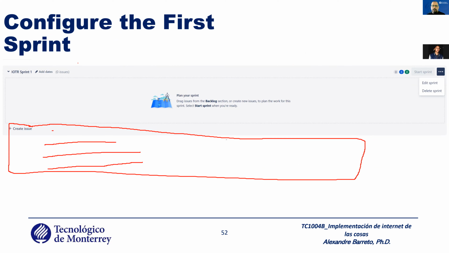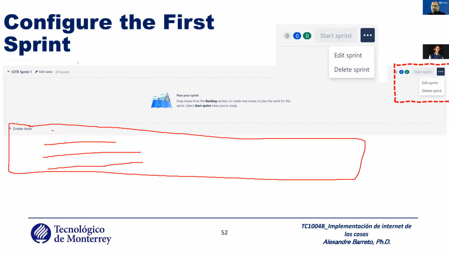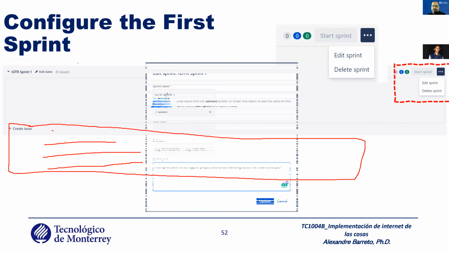Okay, in the sprint creation, you can create a sprint here. And to save information in the sprint, before you move the task to the sprint area, you need to define the goal. You click here and add or delete the sprint.